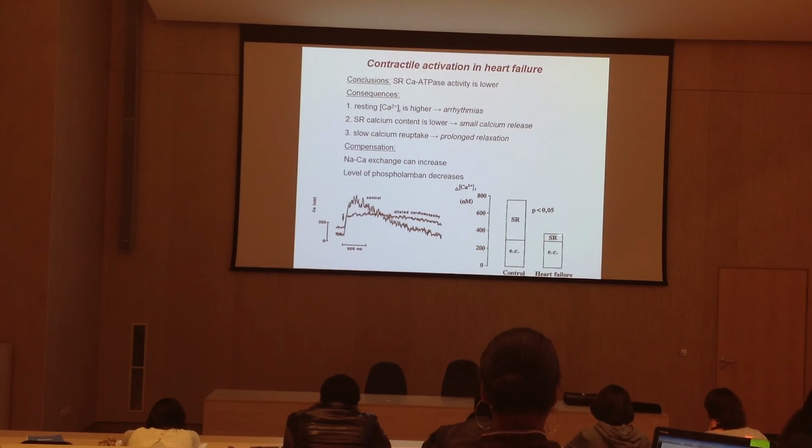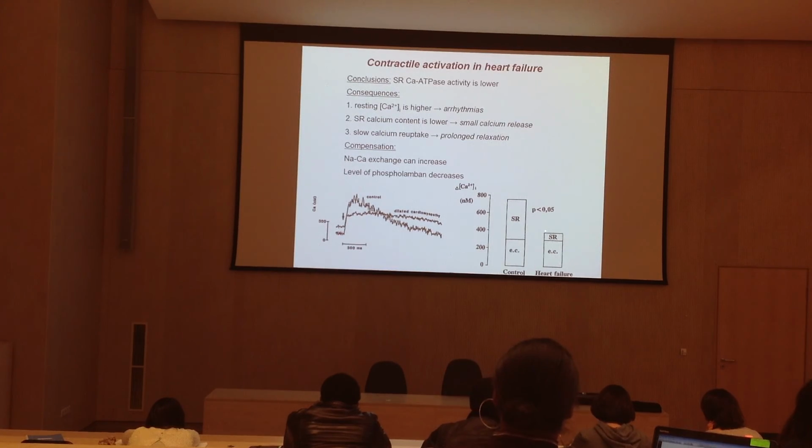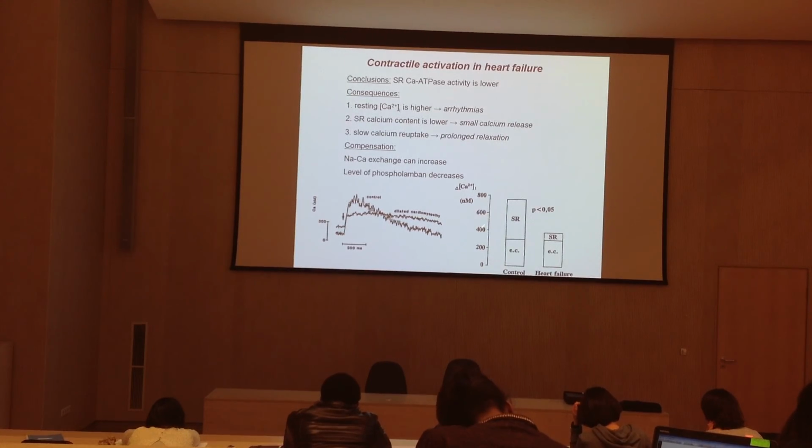But there is not enough calcium in the SR available for the release. Therefore, the amount of released calcium is much smaller. This is the final result, and the total increase of calcium is much smaller in heart failure than in physiological circumstances.